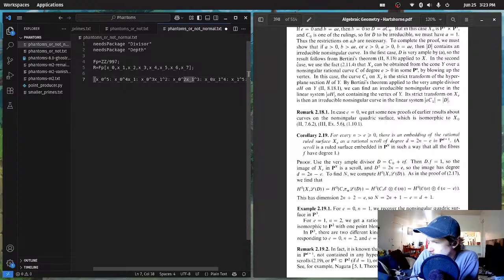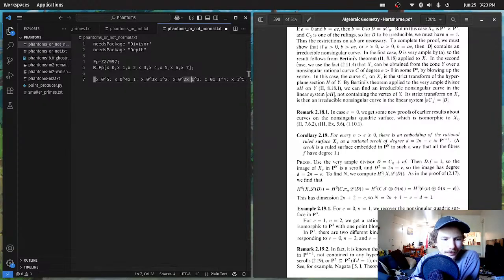It's going to be an embedding, but it's not clearly written as a projective bundle. It's like almost okay.